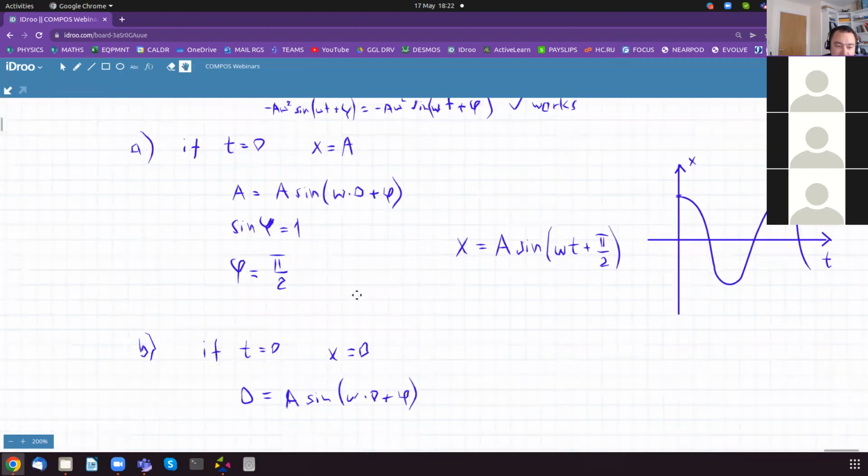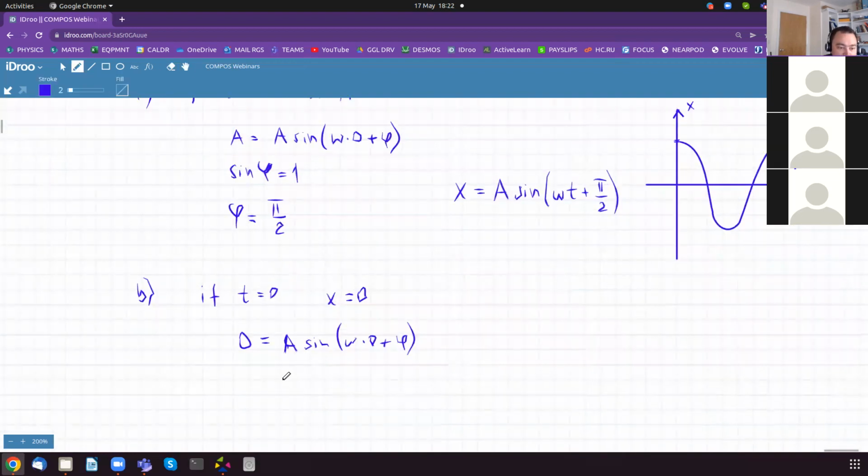So sine phi is 0. There are two solutions. Phi is 0 or phi is pi.